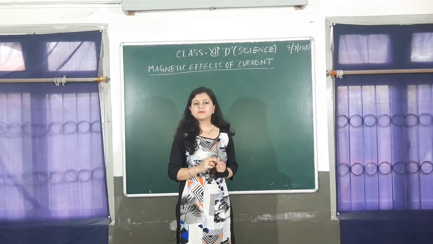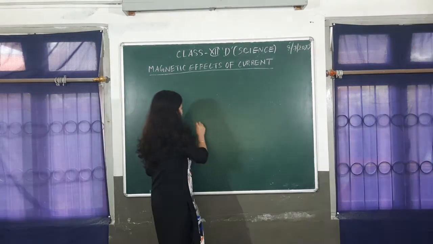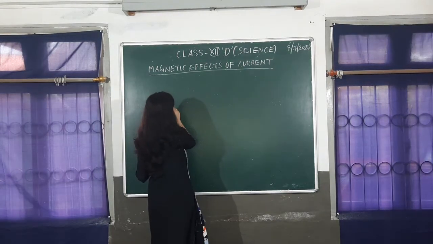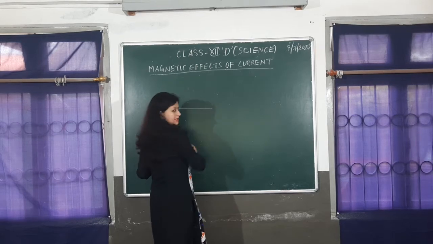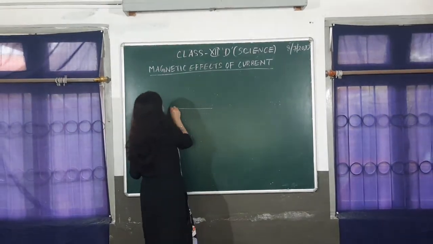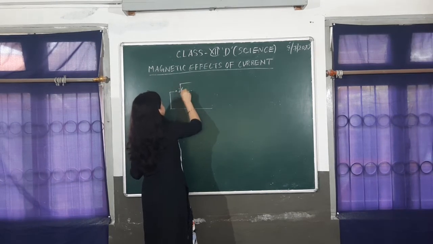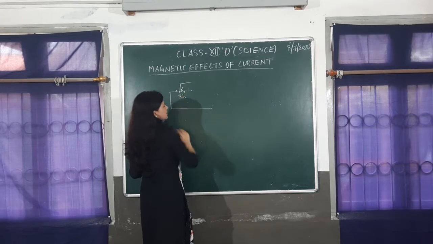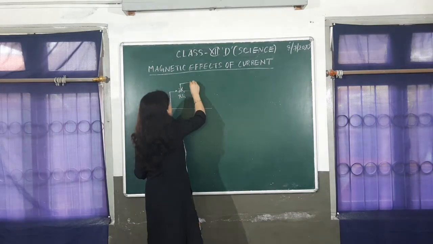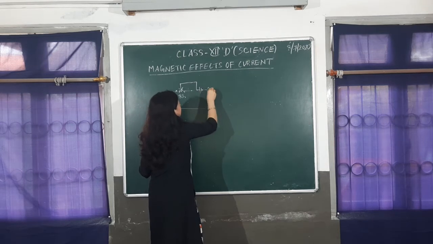And how was the experiment conducted? The setup was very simple. He just took a conductor. Right now it is not carrying any current. In order for it to carry current, you will put a variable resistor, that is the rheostat, to control the current, and it was connected to a cell along with a key.